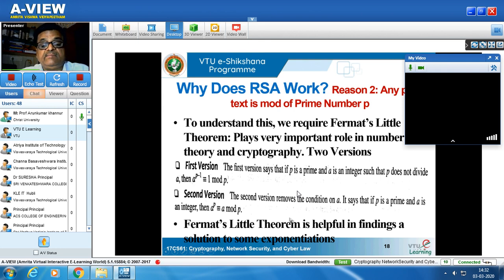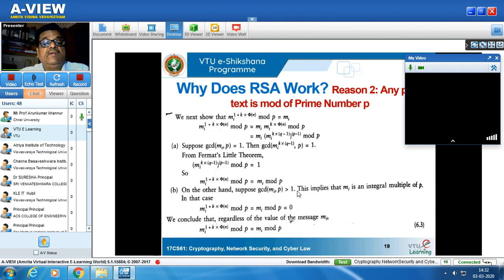Fermat's little theorem is helpful in finding a solution to some exponentiations. So this particular thing we are going to use in proving reason 2. Any plain text is mod of prime number P. So in this one, we pick up the value of the message block mi.